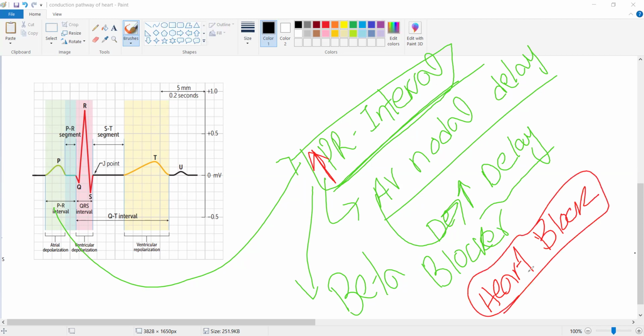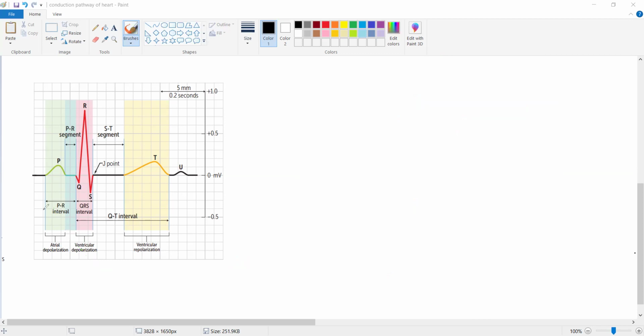Okay. Now some basic stuff. Can anybody tell me any condition that leads to an absent P wave? A very common condition: atrial fibrillation. AFib, absent P wave.